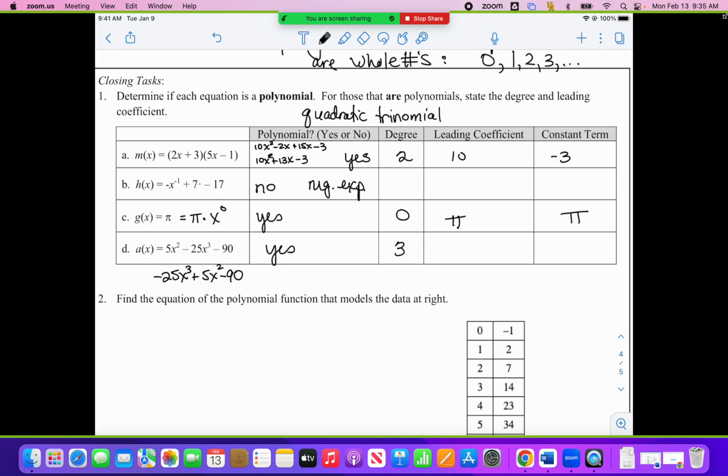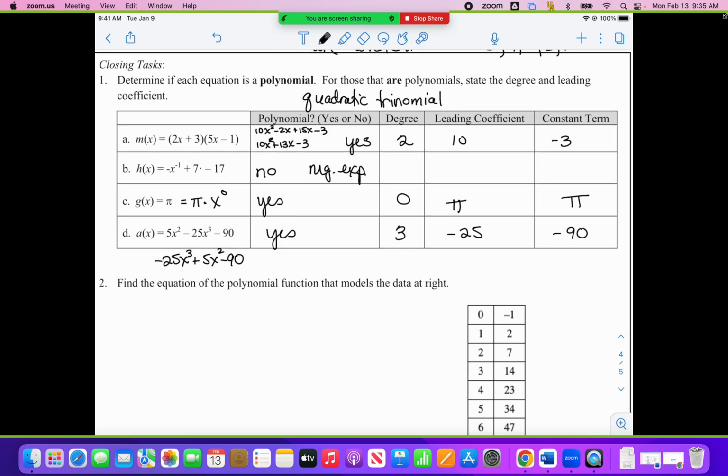All right, now that I have it in the right form, what's the leading coefficient? -25, and what's the constant? -90. All right, give me thumbs up, out, or down. How do we feel about naming, degree, coefficients? Okay, so we've got 3 more days to get it ironed out, okay?